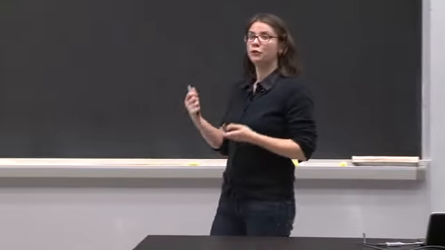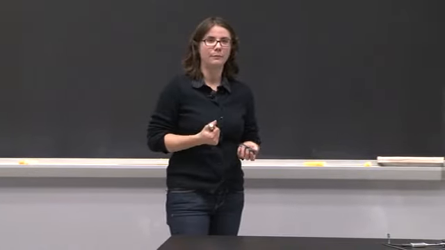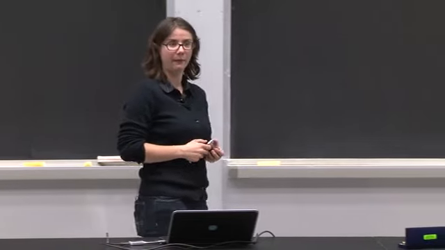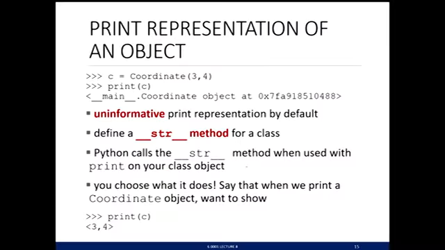And you can choose to make it do whatever you want inside your definition of str. In this case, let's say when we print a coordinate object, we're going to print its x and y values surrounded by angle brackets. That seems reasonable. So from now on, when you print coordinate objects, you're going to see things like this, which is a lot more informative.